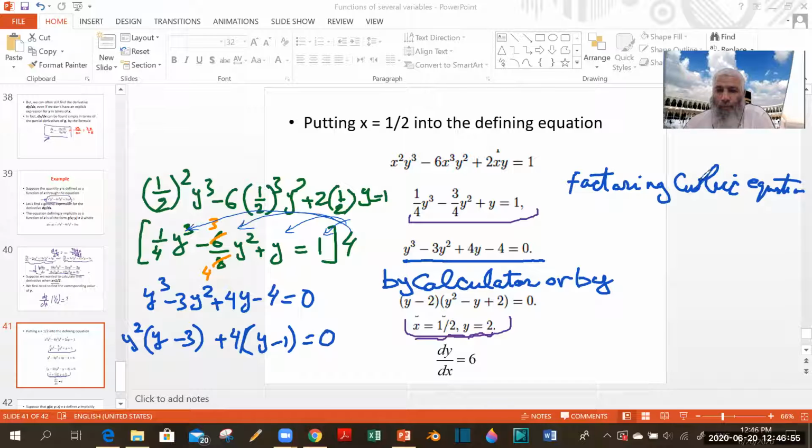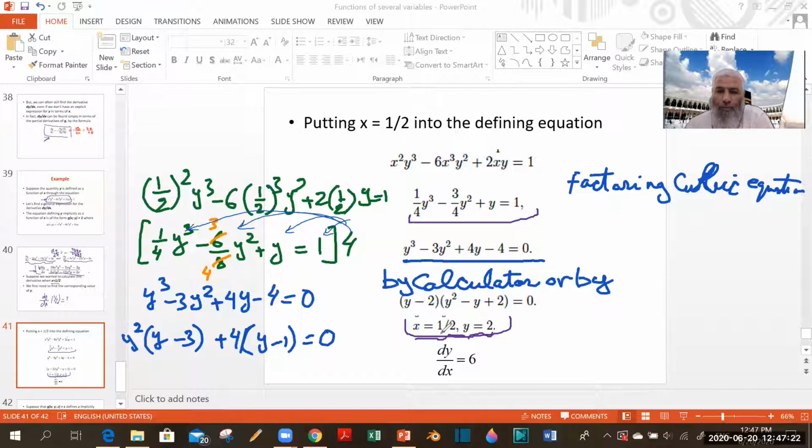So now let's take it like this: y minus 2, y squared minus y plus 2 equals 0. We have 3 roots here, but y equals 2 is the real one.